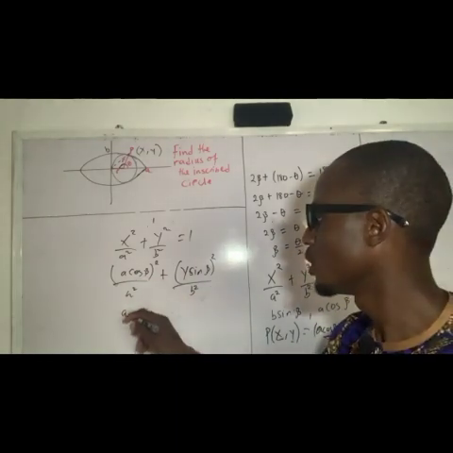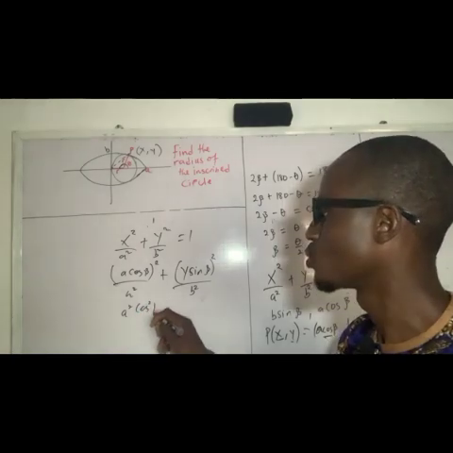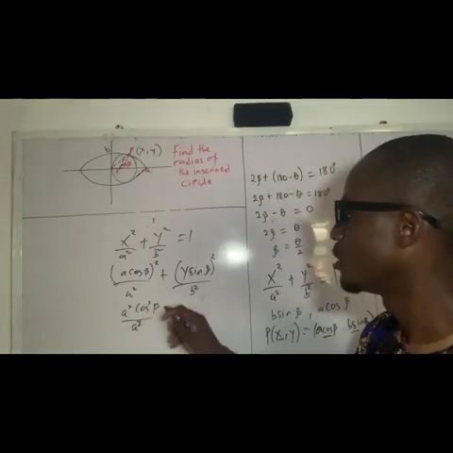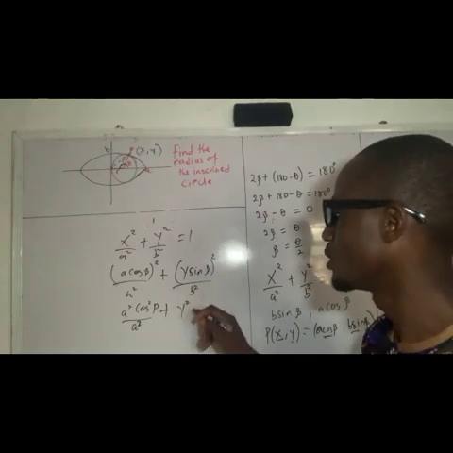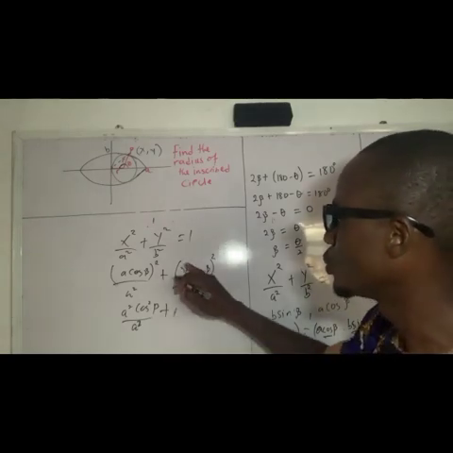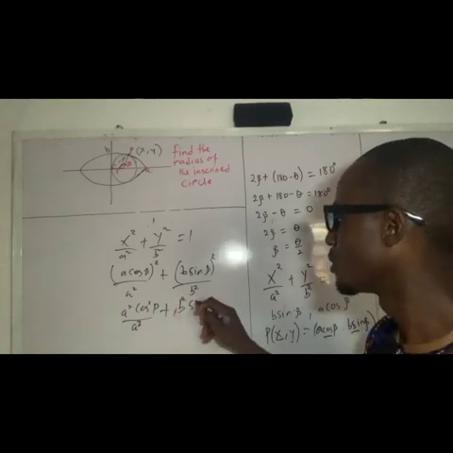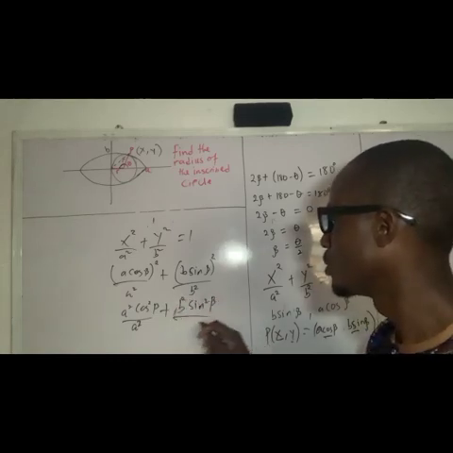So this gives us a squared cos squared beta over a squared plus, sorry, this should be b, so plus b squared sine squared beta over b squared.